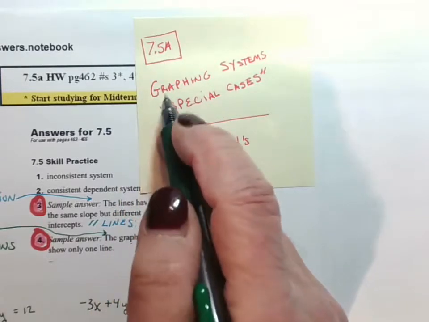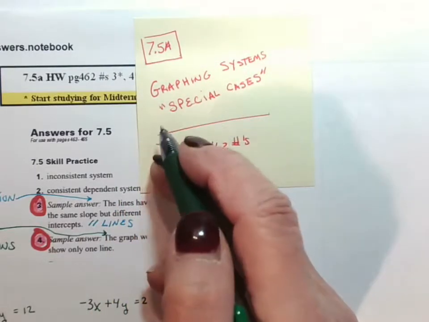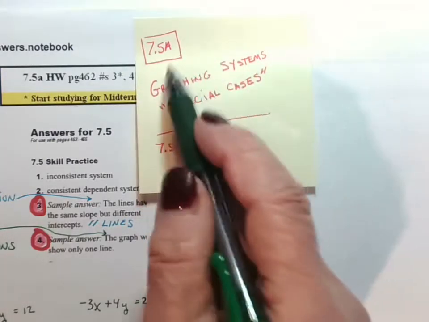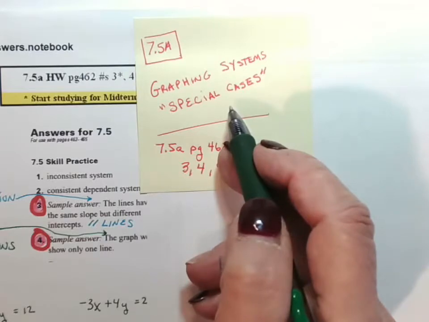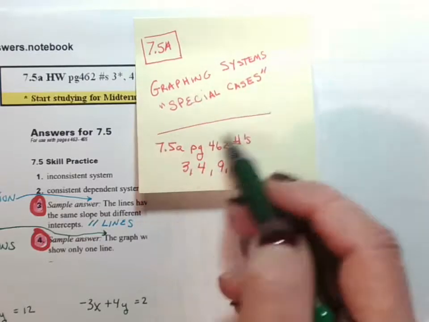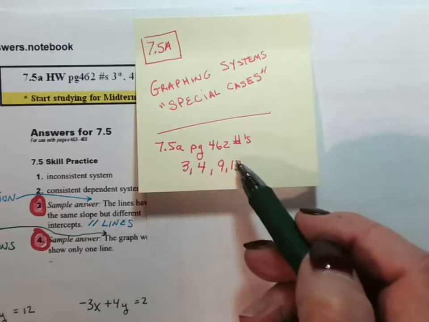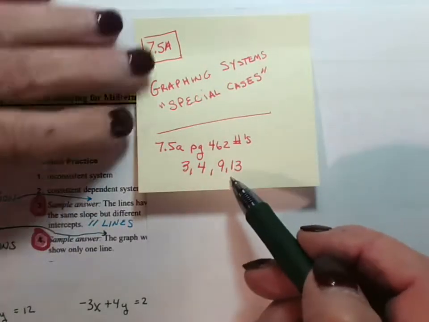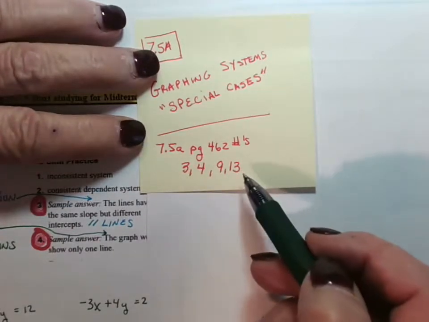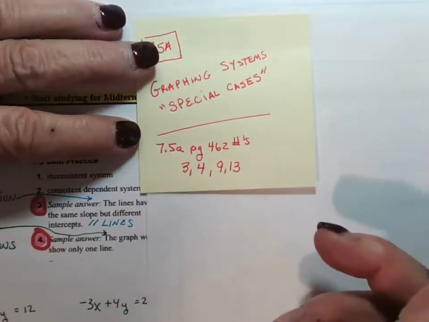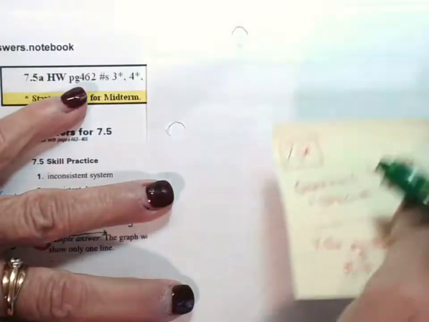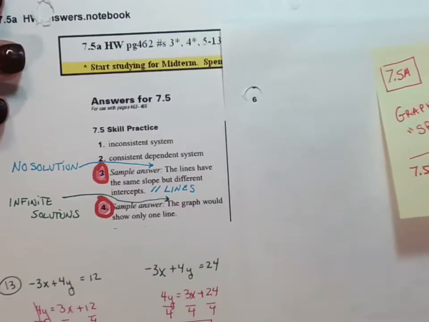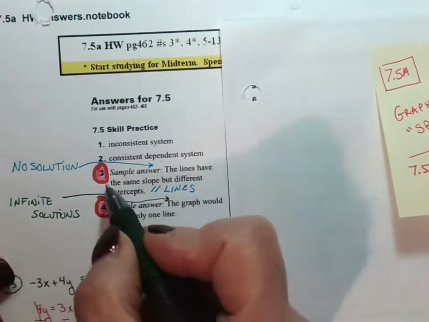7.5 is talking about systems of linear equations. And in this section, they're covering special cases. What I wanted to do now is cover the special cases that deal with graphing. So you had 4 problems to do here, 3, 4, 9, and 13. Okay.